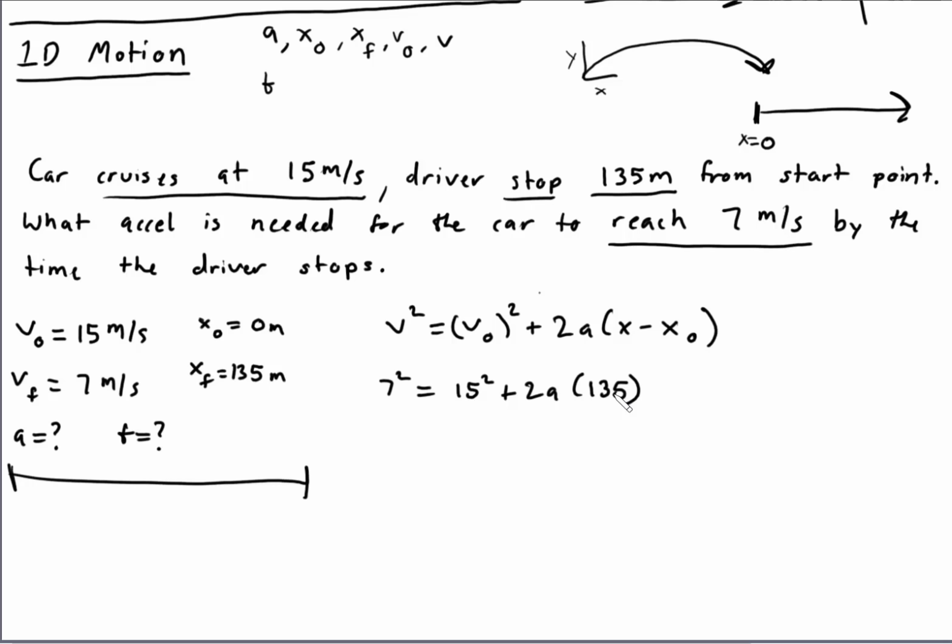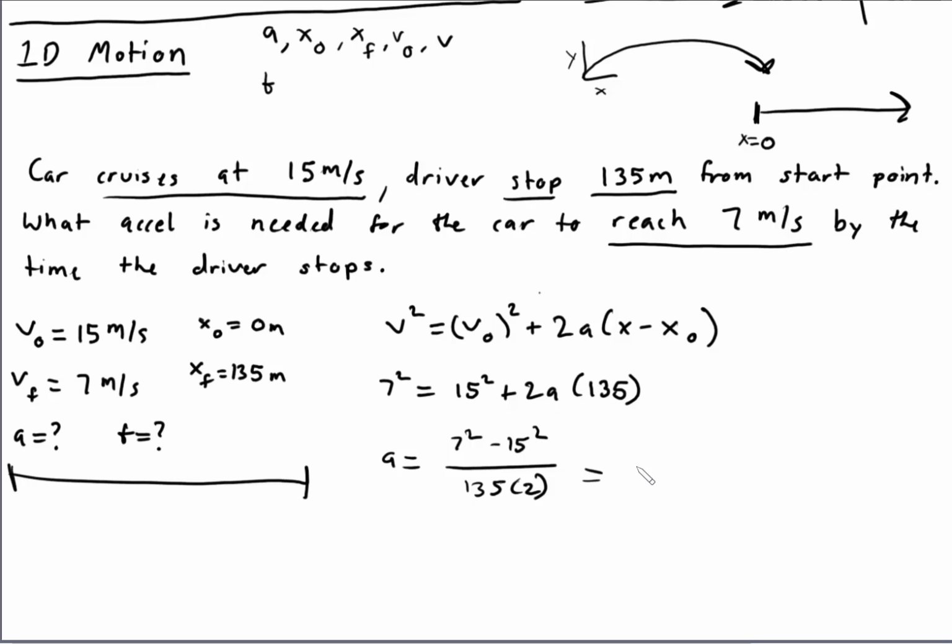All you have to do is plug it into your calculator. You have to make sure that your exponents and everything is correct. So we get 7 squared to be 49, 15 squared is 225. Now, our acceleration is going to equal 7 squared minus 15 squared divided by 135 times 2.